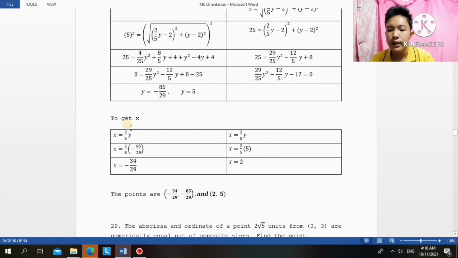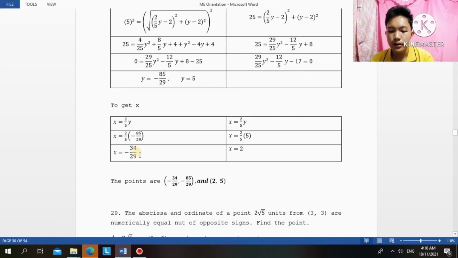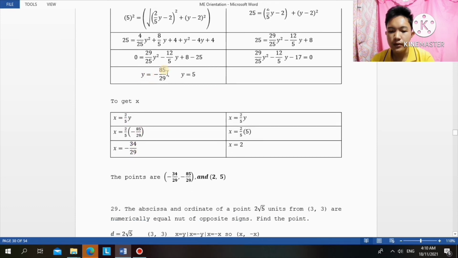So to get the value of x, let's substitute the values of y. Since x is equal to 2 fifths of y, first let's substitute the first value of y, which is negative 85 over 29. So x is equal to 2 fifths times negative 85 over 29. So x is equal to negative 34 over 29.